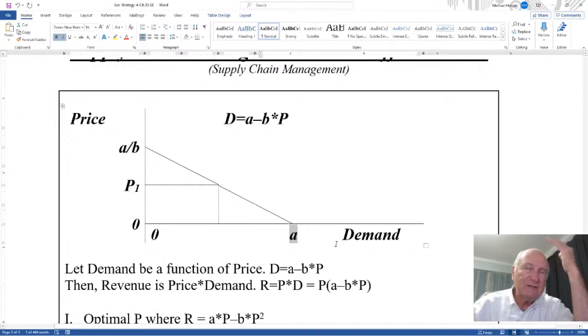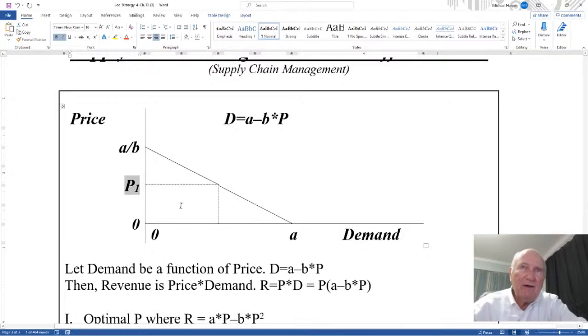Well, the difference, let's say it's a straight line, just for conceptual, theoretical purposes. Well, if you lower, let's look at this price right here. If you lower the price here to this right here, well, the demand is going to increase. Well, this point right here is at this price and this demand level. Well, if this is the demand and this is the price, well, the price times the demand is going to be your revenue.